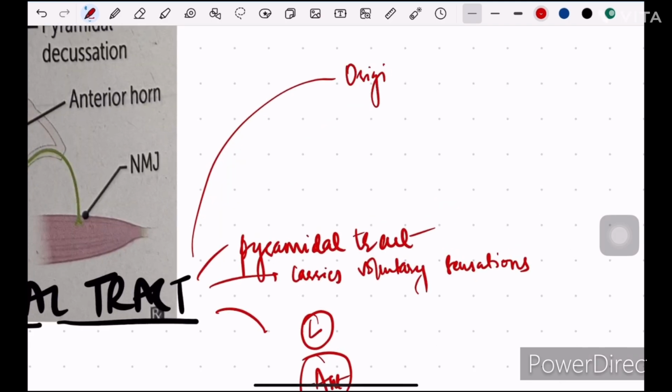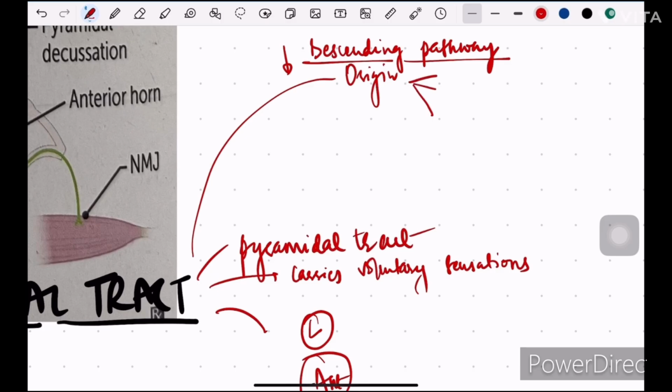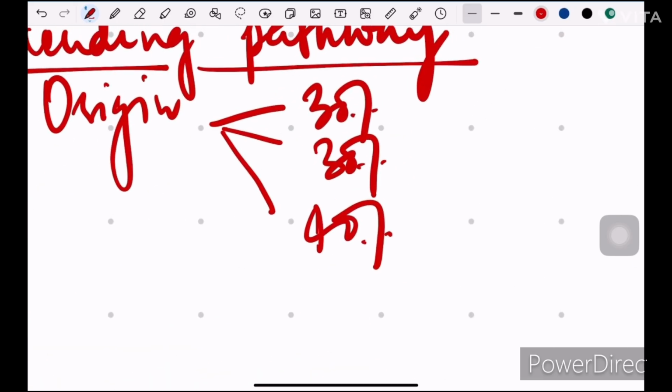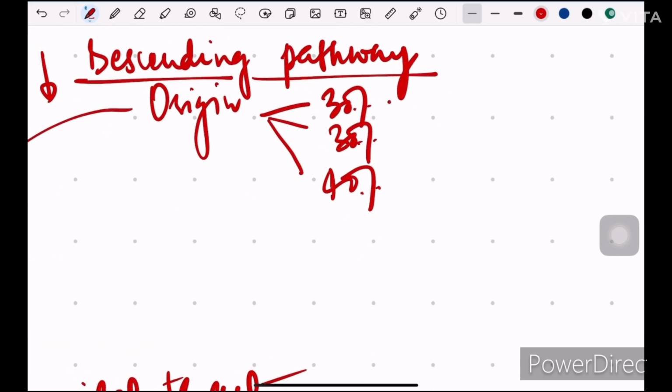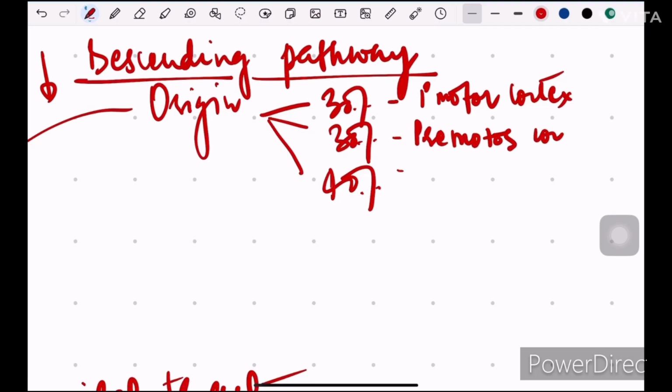Where does it originate? Because it is a descending pathway, it originates from the brain, it comes from top to bottom. So where is the origin? It originates from three places, with contributions of 30%, 30% and 40%. So 30% originates from the primary motor cortex, again 30% from the premotor cortex, and then 40% from the somatosensory cortex.